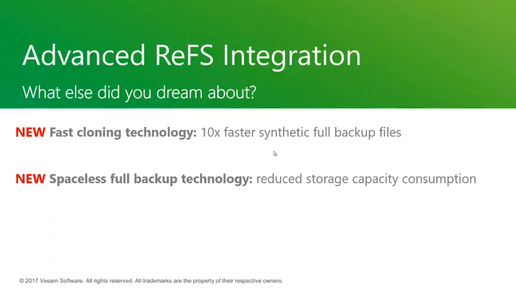Just think about that: when you need to create additional backups for weekly, monthly, quarterly, yearly timestamps, you don't need any additional storage space anymore, because these backups are spaceless. This dramatically reduces backup storage capacity consumption, like that of a deduplication appliance. That's just deduplicating on the fly.